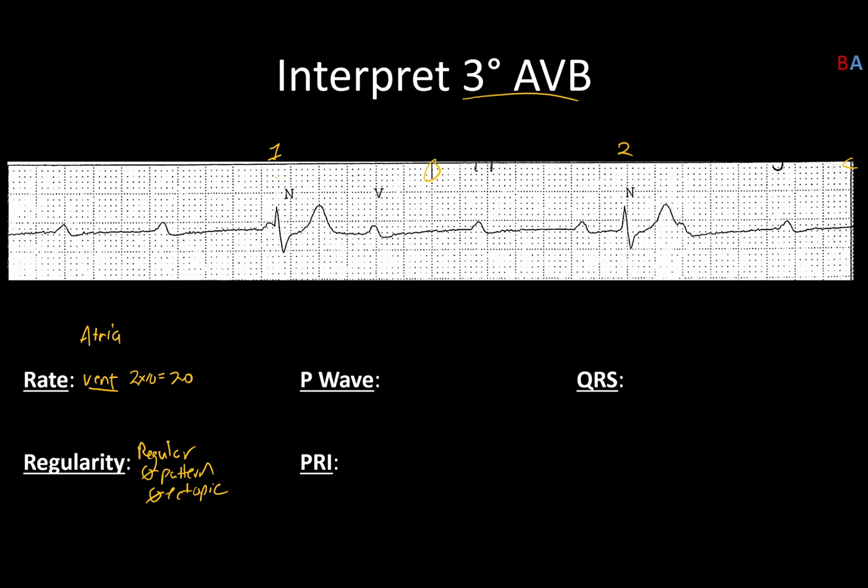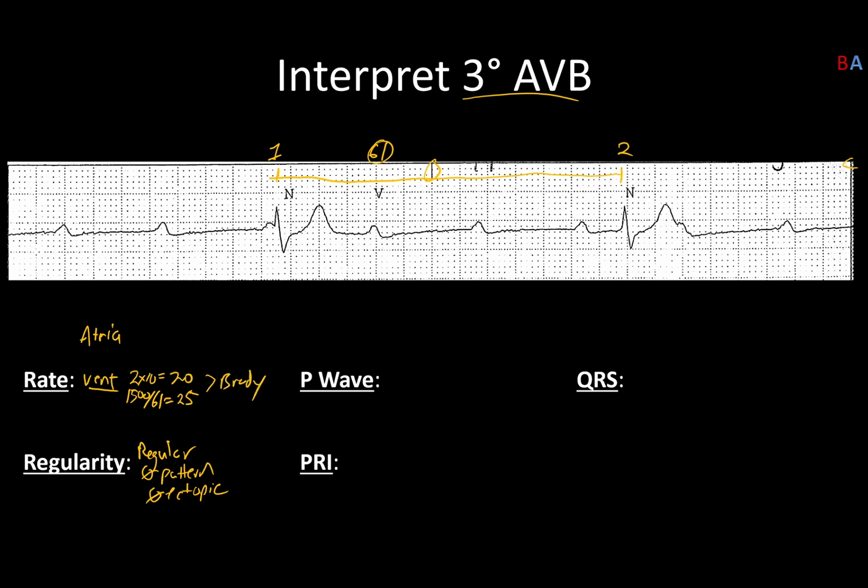And so from about here to here, all the way across, is right at around 61 small boxes. And that will give us a heart rate of 24 and a half, so 25, which is most definitely bradycardic.